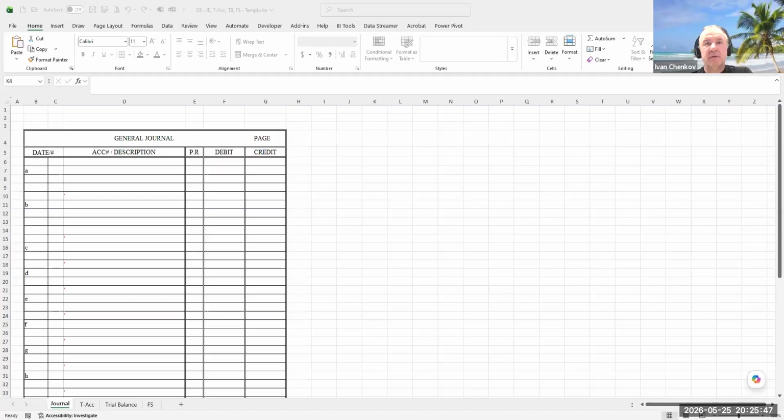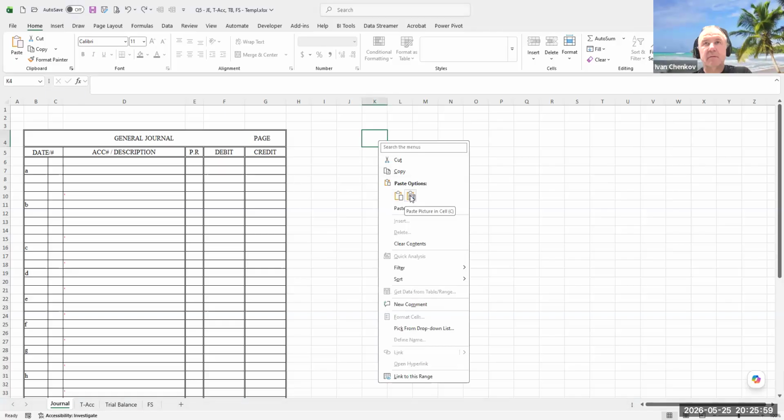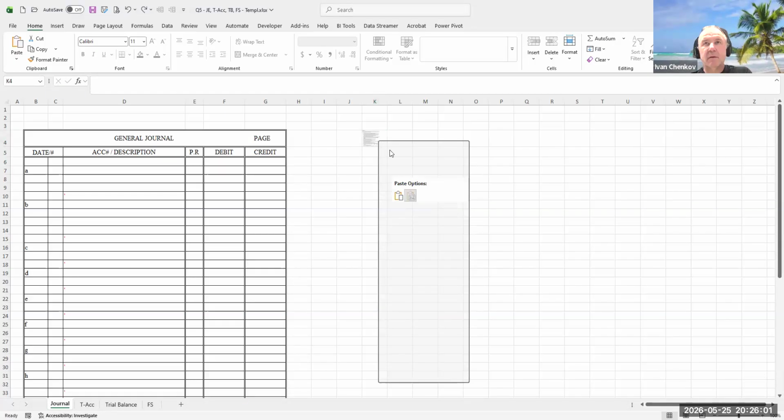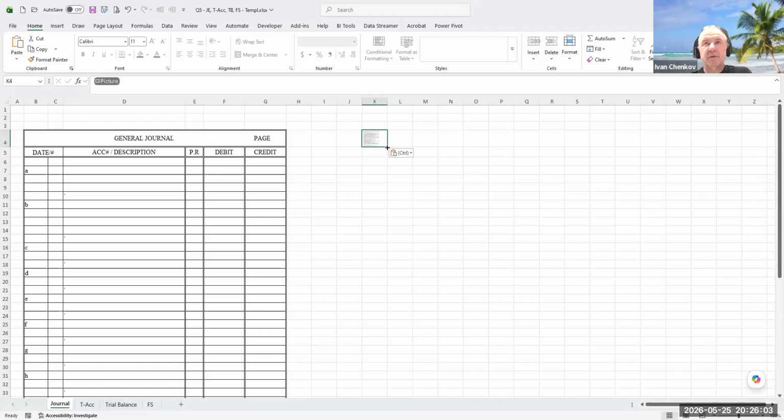Let me think of something. How can I do this? This Excel spreadsheet is protected, that's why it doesn't let me. I can post it like a picture here, but that doesn't help me, does it? You cannot read anything, I cannot read anything.